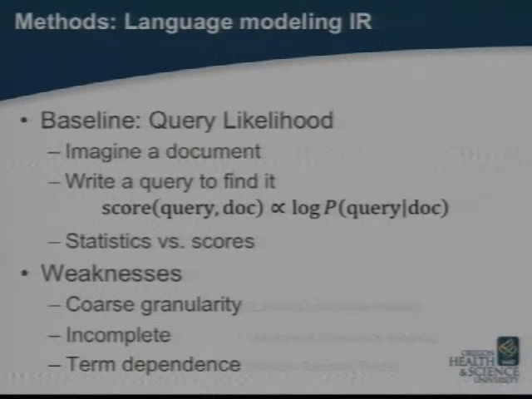There might be other terms that could have supported what this term meant, but those are left out of a simple query. And there might be term dependence. Query likelihood doesn't actually even consider if you had two terms, what their relationship with each other is, right? They just consider them as completely separate searches. So term dependence is another thing.